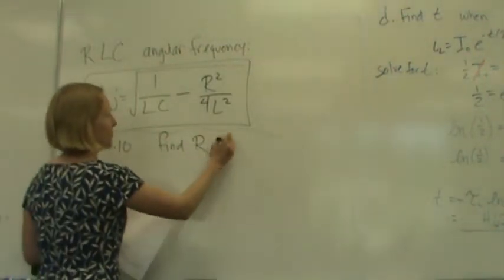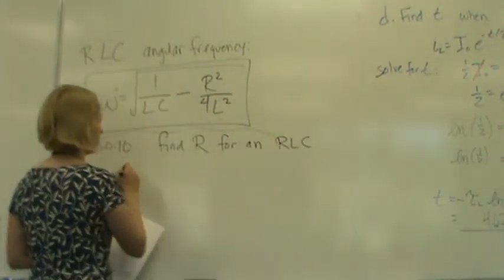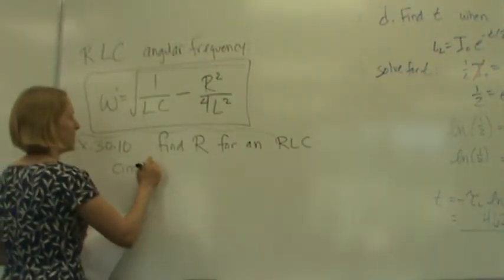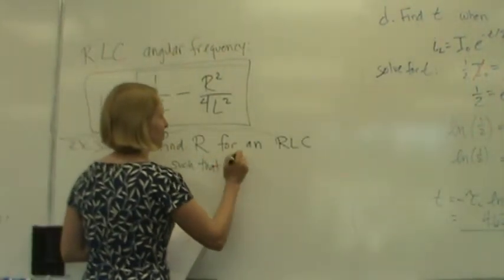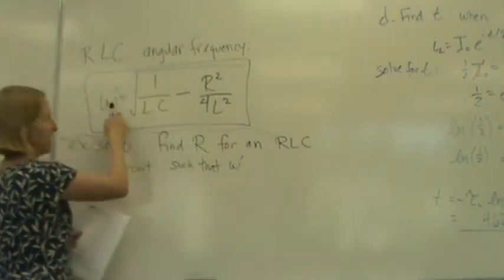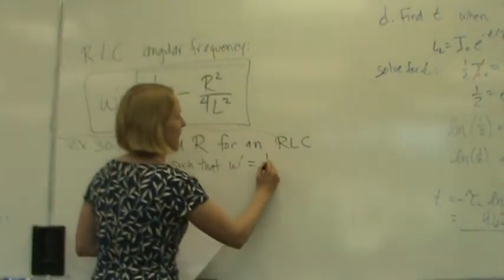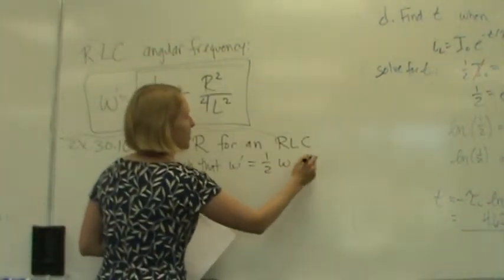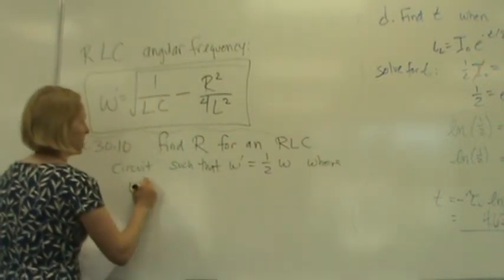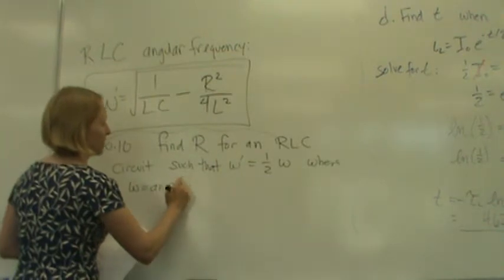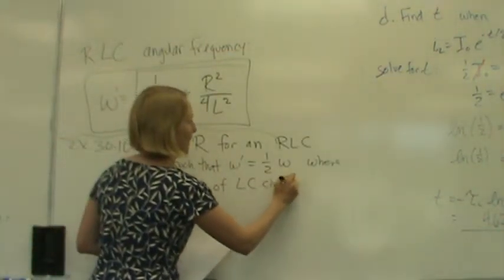Find R for an RLC circuit such that omega prime, the one with the prime on it, is equal to 1/2 omega, where omega equals the angular frequency of an LC circuit.